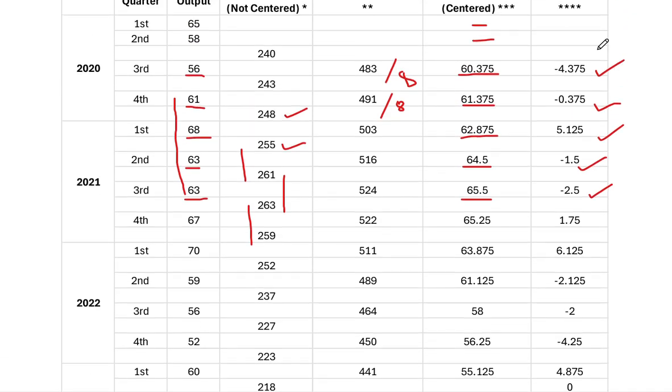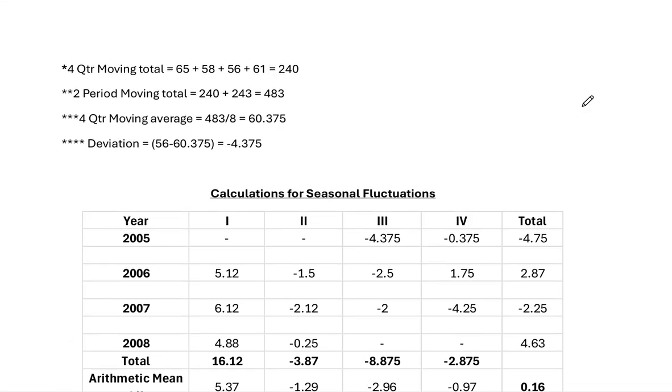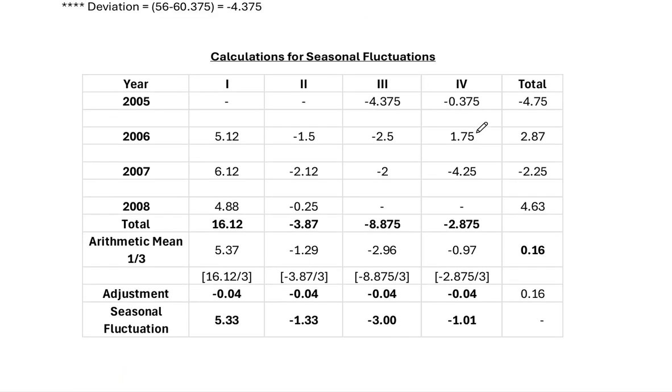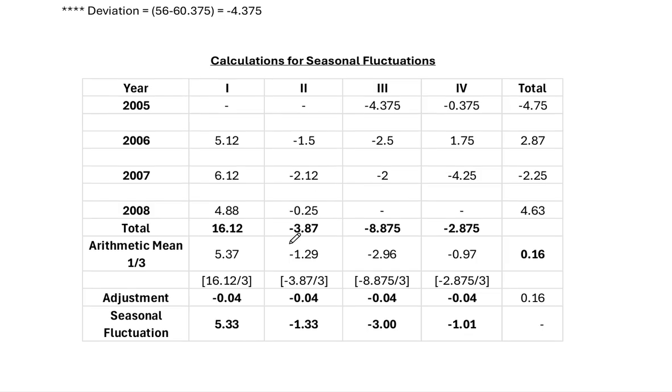See, quarter 3 data is minus 4.375 and fourth quarter data is minus 0.375. Now we will take for all these quarters. Post that we will calculate the arithmetic mean. In this, out of 4 we have only 3 data. So we will divide by 3.